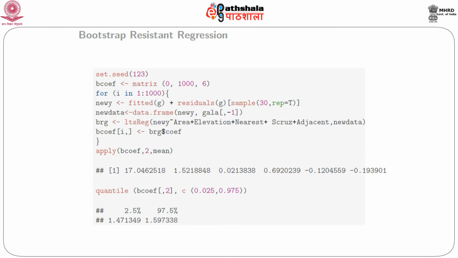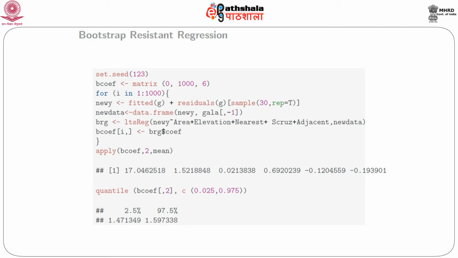That means we would be creating 1000 such data frames, and each data frame has all the 6 explanatory variables of the Gala data, and this time the species variable is being replaced by the new y variable, and for each of these 1000 data sets we would be running the LTS regression.